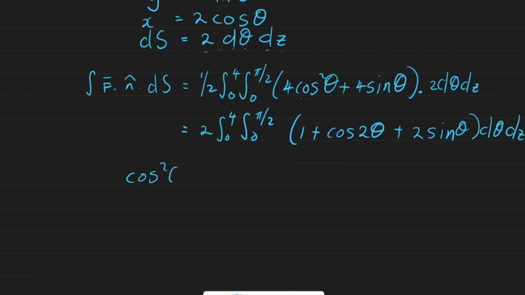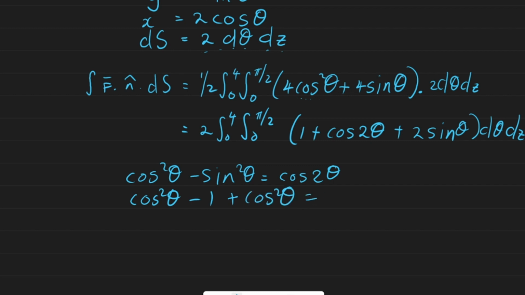So cos squared theta minus sine squared theta is equal to cos 2 theta. And sine squared theta is 1 minus cos squared theta. So you have cos squared theta minus 1 plus cos squared theta. So we have 2 cos squared theta minus 1 equal to cos 2 theta.